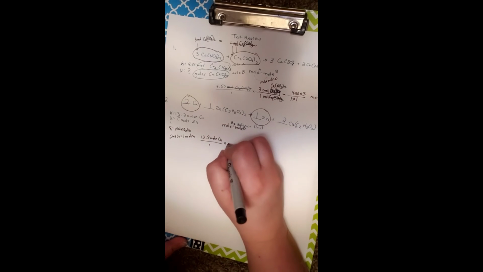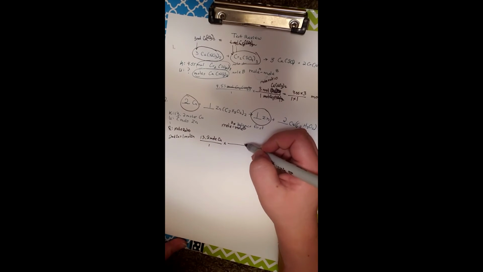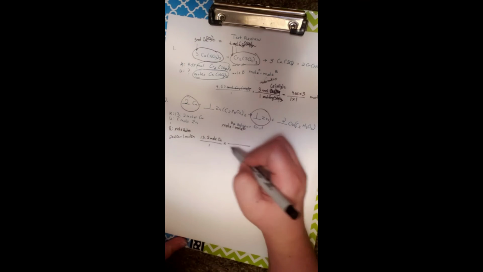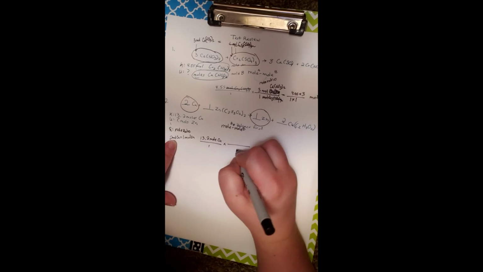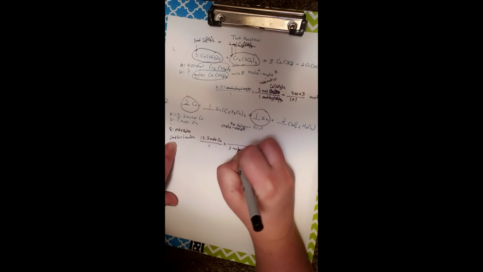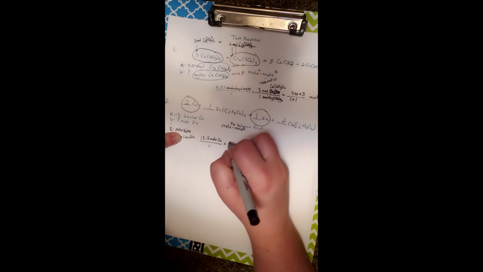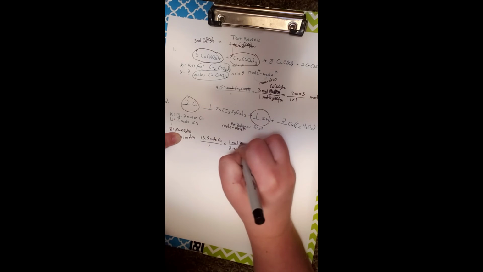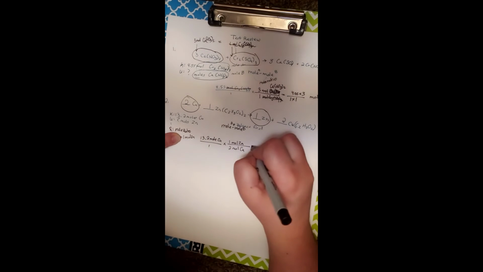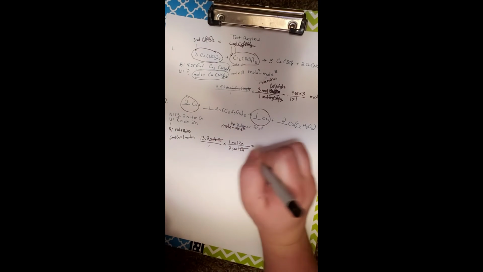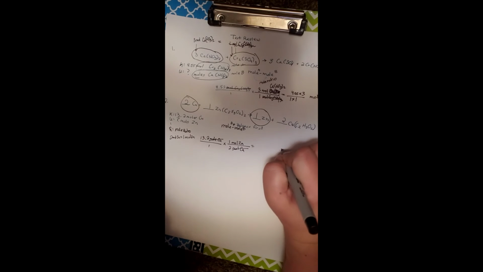Turn that into a fraction form. Just like you might be expecting, we're trying to keep the unit here the same as the one down here, diagonally the same so they will cancel. So we're going to put the 2 mole of Cu on bottom, use that part up, so we're putting the other half on top, 1 mole Zn. Okay, cancel out your units that cancel, so moles of copper. The unit that doesn't cancel will be in our answer.